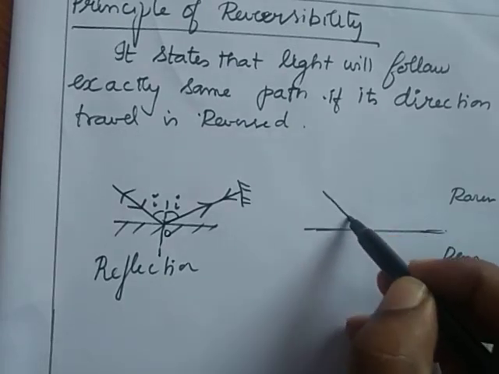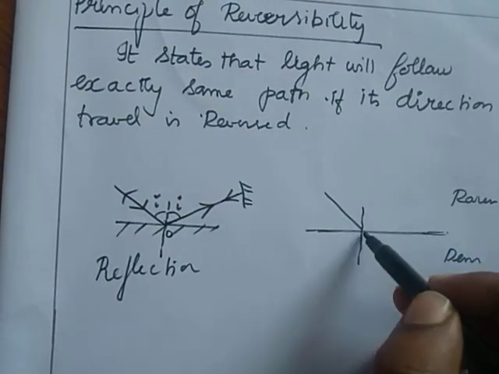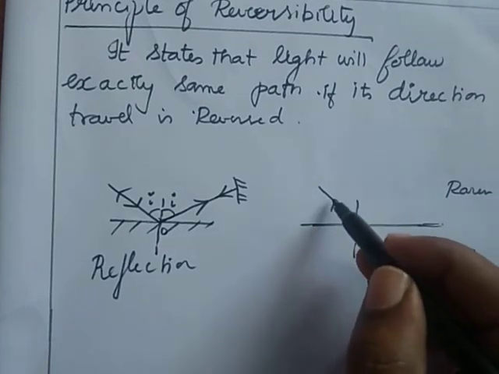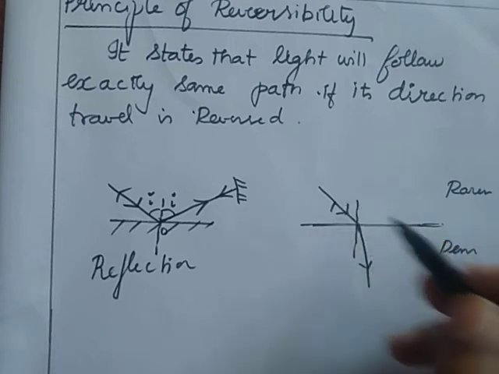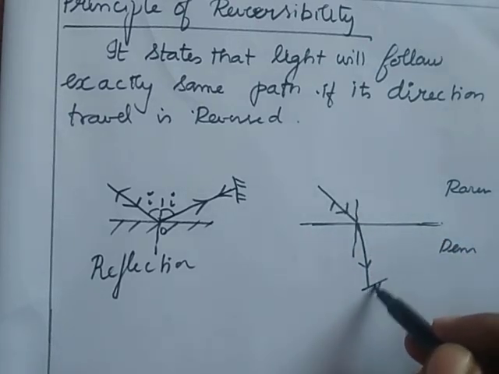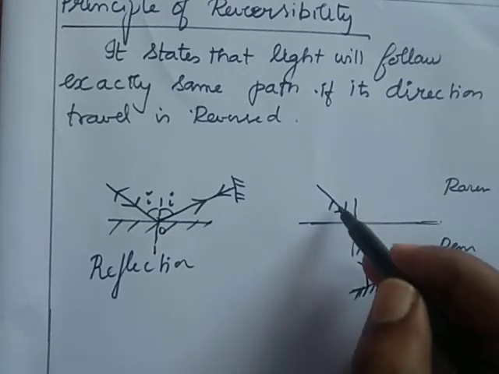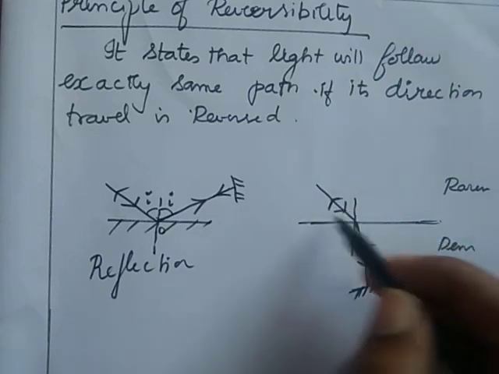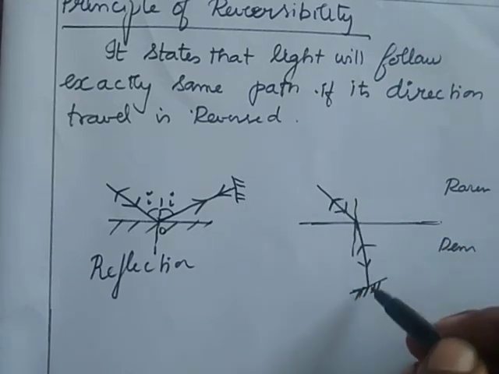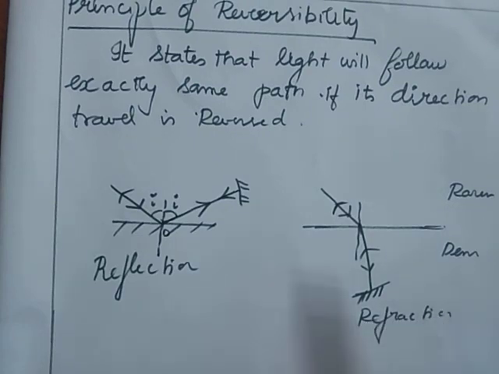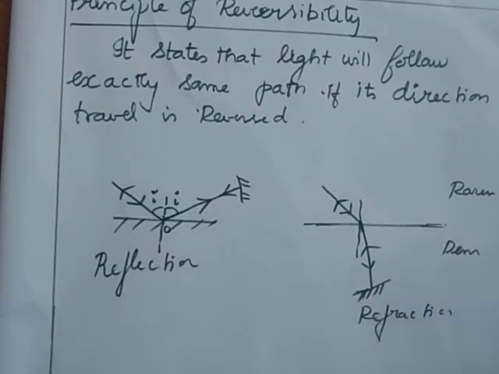There is a ray of light, here I draw a normal, then it will bend towards the normal. At that point I am placing the mirror. Here it will reflect and retrace its path whatever it came. This is for refraction. Here the principle of reversibility holds true both for reflection and refraction.